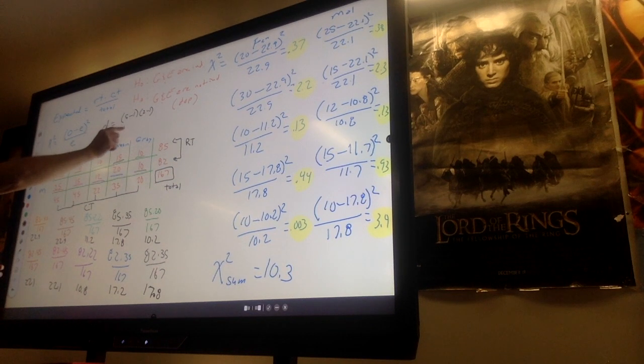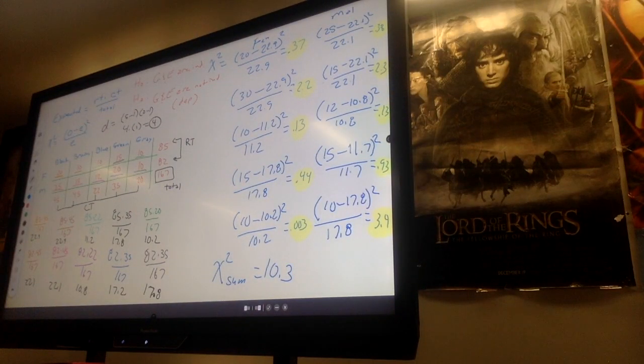So degrees of freedom is going to be 4 times 1. 5 minus 1 is 4. 2 minus 1 is 1. Then we go to the chi-squared distribution, so I've got to get to my computer and switch this over.